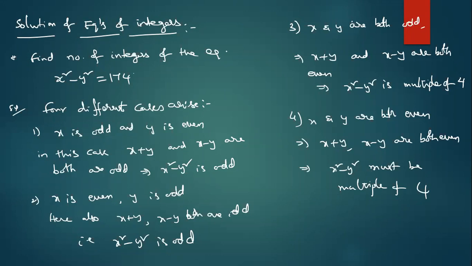But 174 is not divisible by 4. So what are you observing here? X square minus y square can never be an odd multiple of 2.